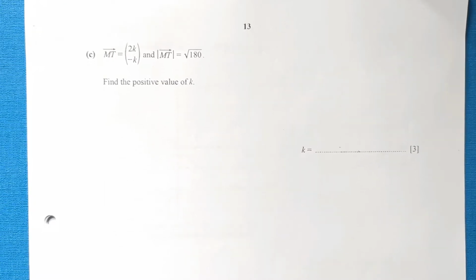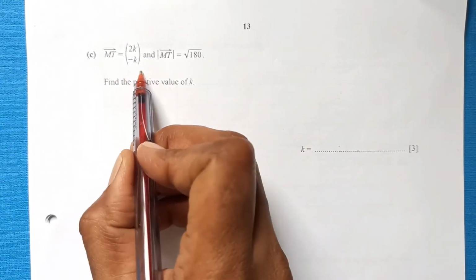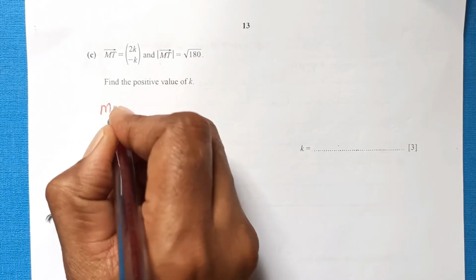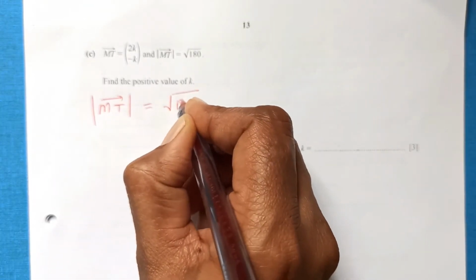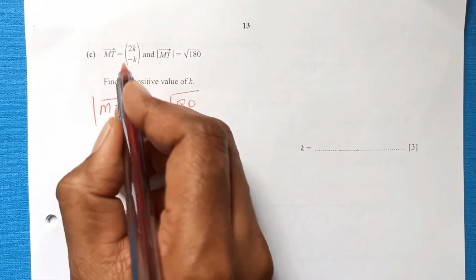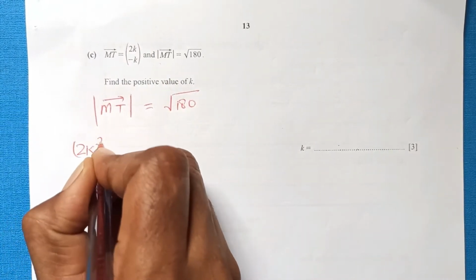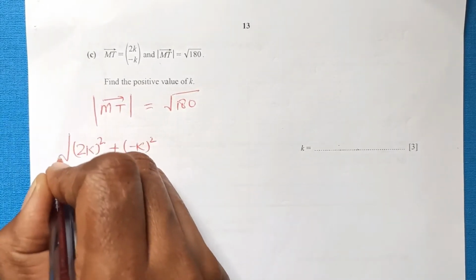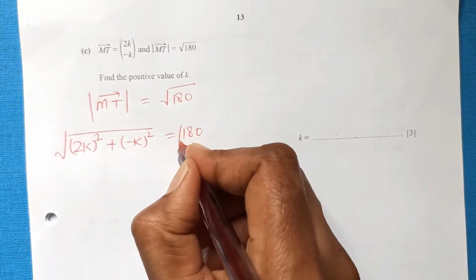Oh, there is another part of question number 6. MT is given to us, and the magnitude of MT is the square root of 180. By the distance formula, it will be the square root of (2k) squared plus k squared, equal to the square root of 180.